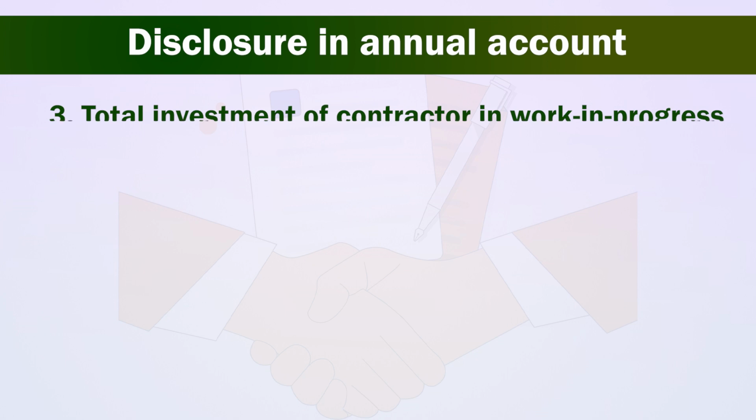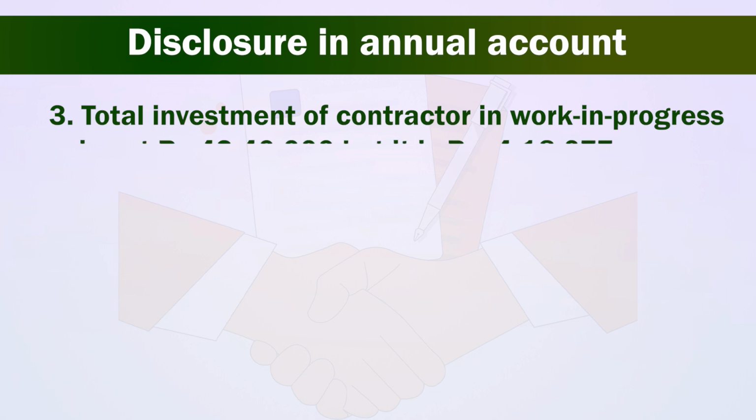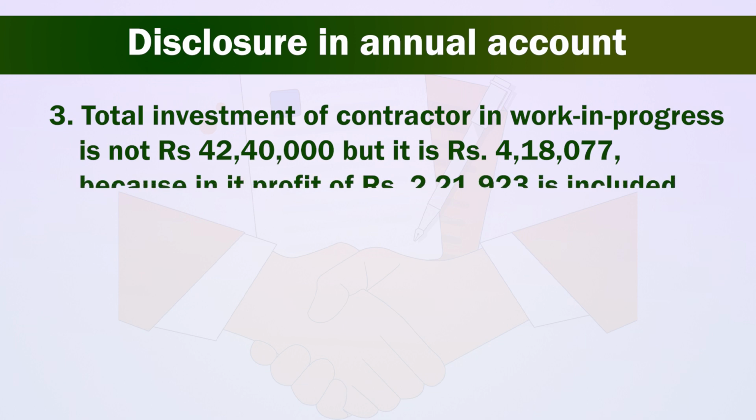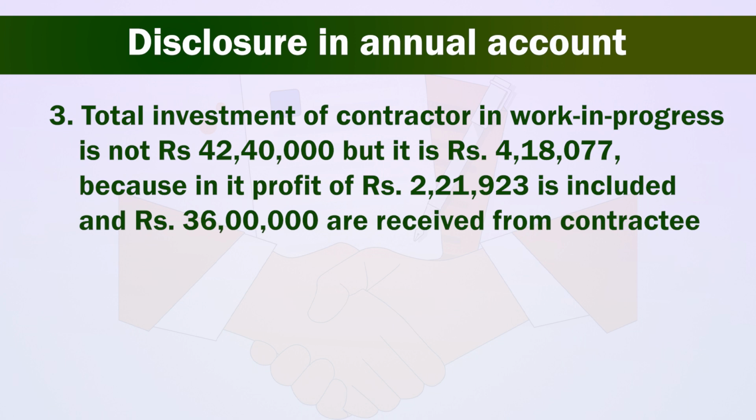Total investment of contractor in work in progress is not rupees 42,40,000, but it is rupees 4,18,077 because in it the profit of rupees 2,21,923 is included and rupees 36 lakh are received from the contractee for completed work.